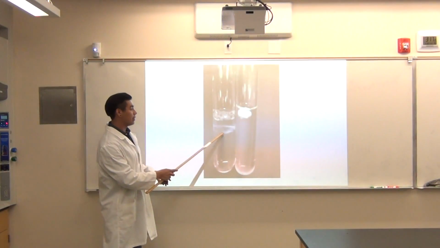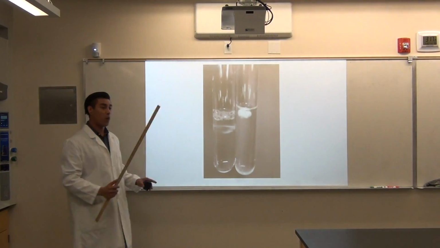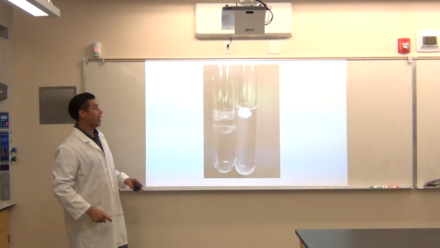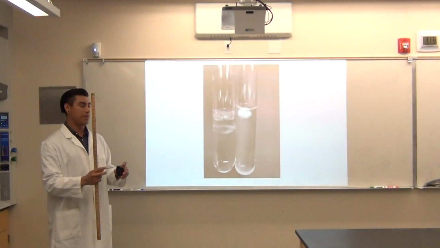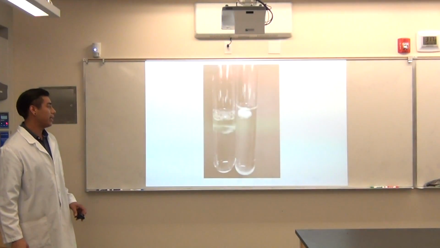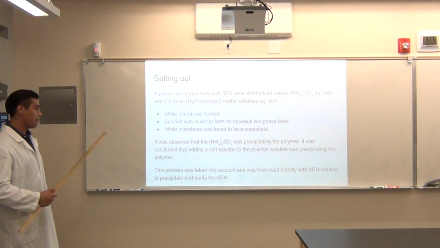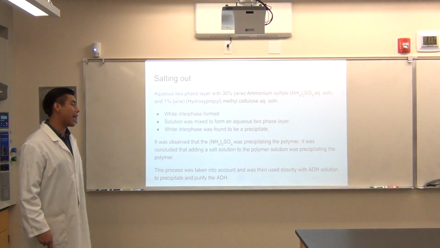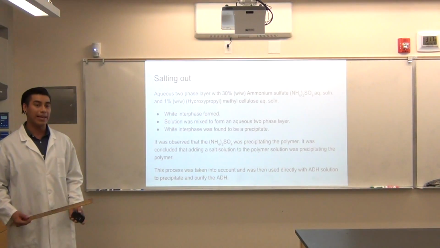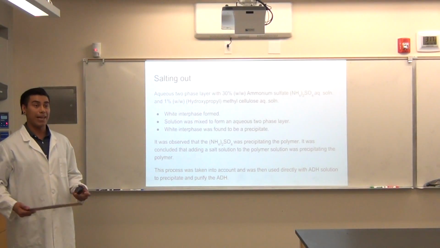After mixing, everything was just one aqueous solution, and we were causing the polymer to precipitate in a glycol. So knowing that process, we took that into account, and we added that directly to our ADH solution to precipitate our ADH, our enzyme.